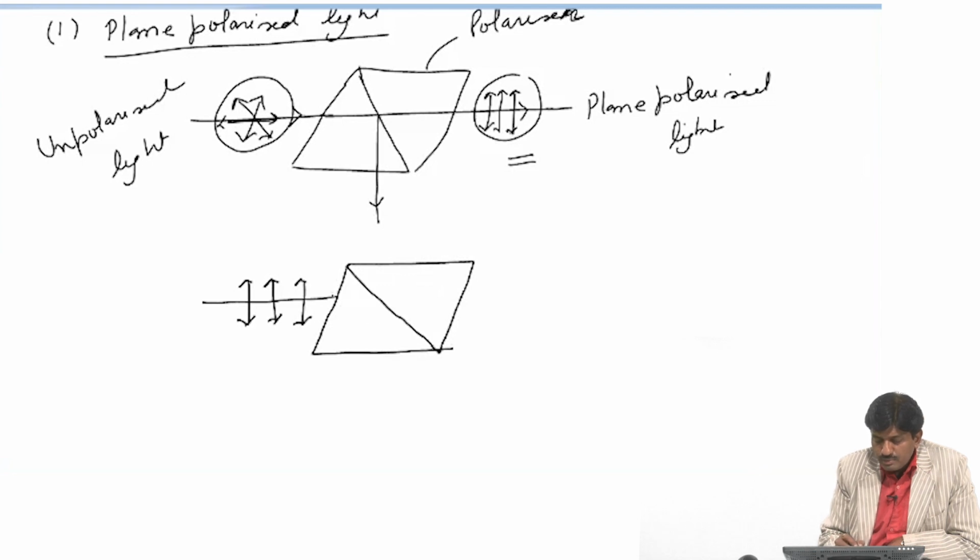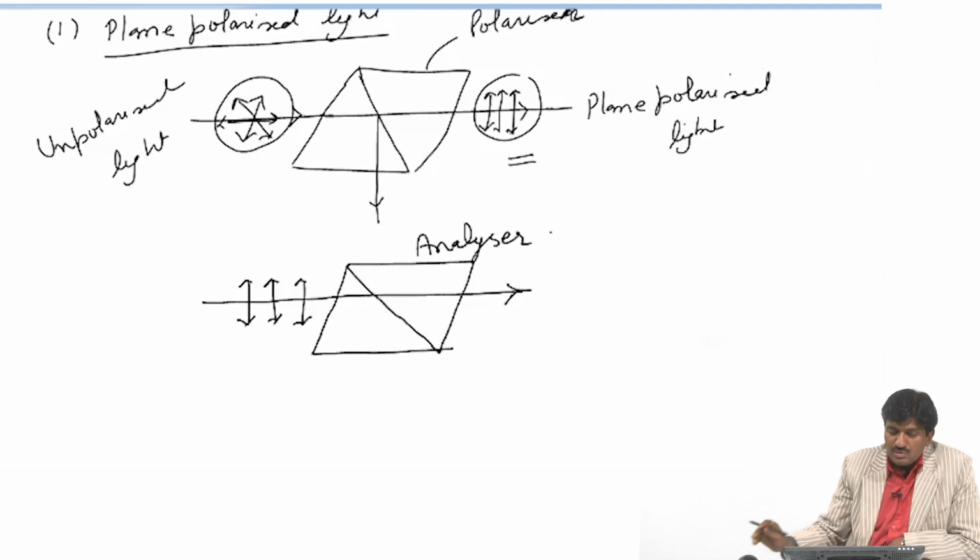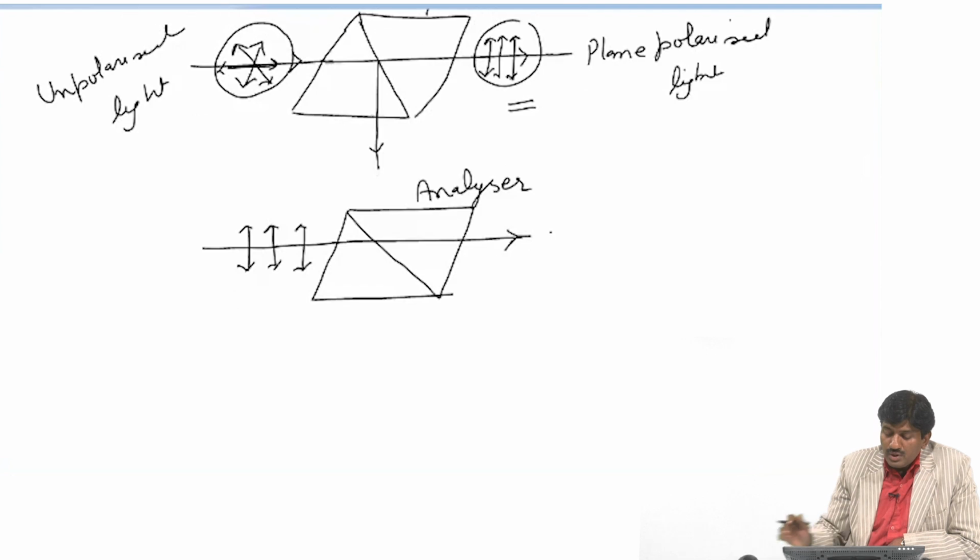As it analyzes whether the light is polarized or not, it is known as the analyzer. And now it is a rotating Nicol prism.